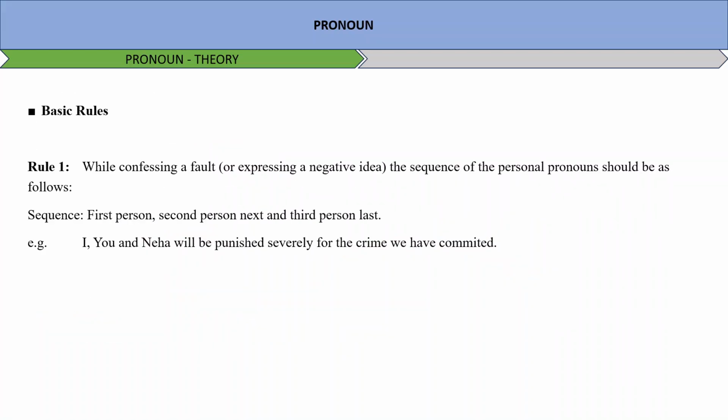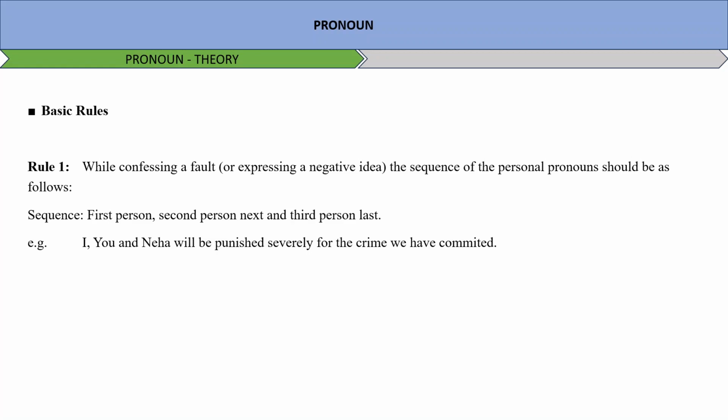There are some basic rules when we learn or practice pronouns. We will just go through some of the very basic ones. Whenever you are confessing a fault or expressing any negative idea, the sequence of the personal pronouns should be as follows.